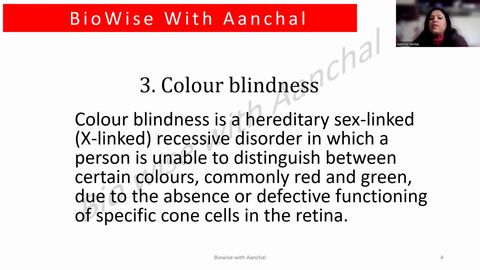Now, color blindness is again a hereditary sex-linked or X-linked recessive disorder in which the person is unable to distinguish between certain colors, commonly red and green, due to the absence or defective functioning of specific cones in the retina. You know that we have rods for dim light vision and cones for color vision, right?